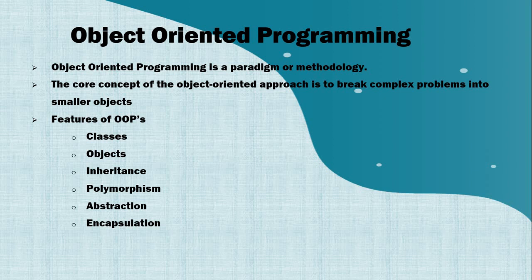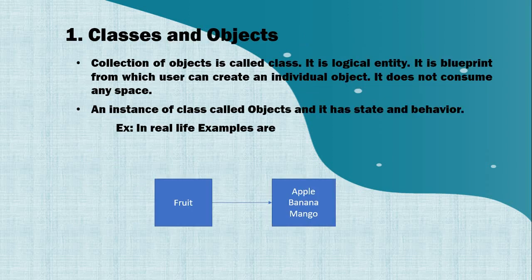Now let us understand these features one by one with a real life example: class, objects, inheritance, polymorphism, abstraction, encapsulation. First consider classes and objects. What is a class? A class is a collection of objects.